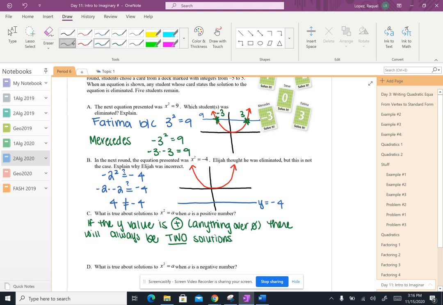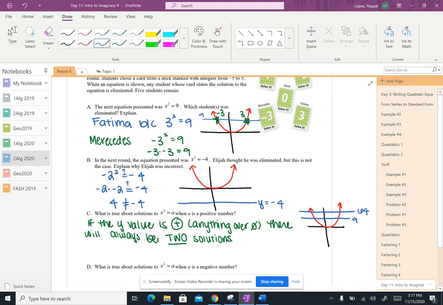For example, if we draw this graph again and we've got our parabola here, in part A they were asking which students would be eliminated if x squared equals 9. If I drew in a value here at 9, we can see that the graph crosses twice. If I drew in another line over here, let's say at 64, the parabola still crosses that blue line twice.